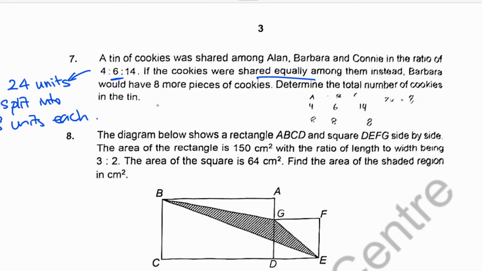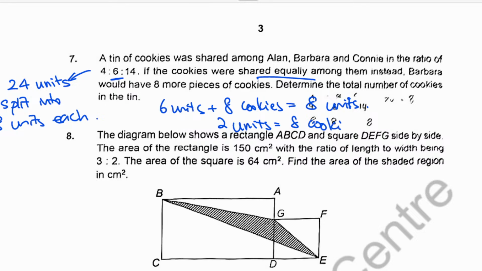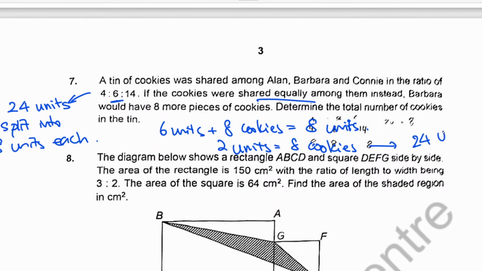So 6 units plus 8 cookies is equal to 8 units. So this means that 2 units is equal to 8 cookies. Therefore, total number of cookies is 24 units, right? So 24 units is equal to 96 cookies.